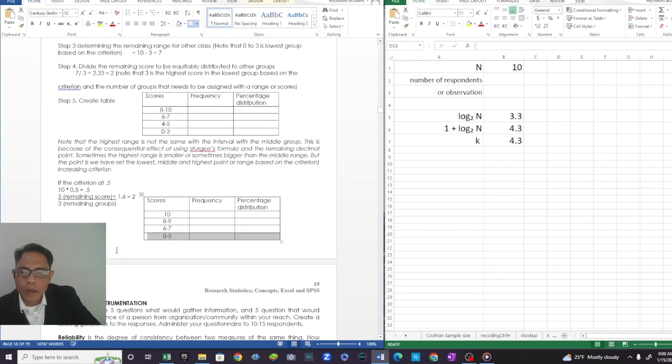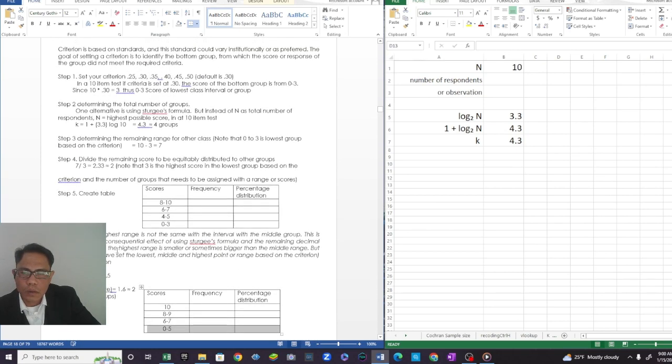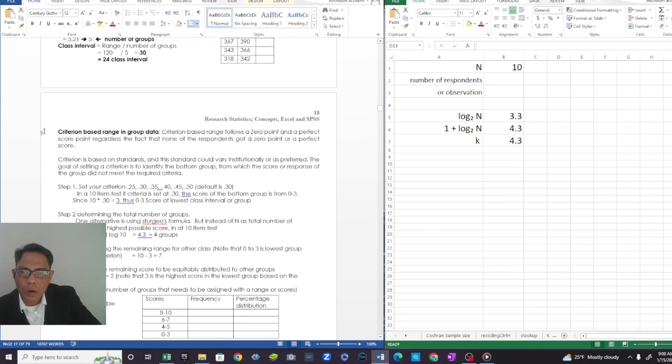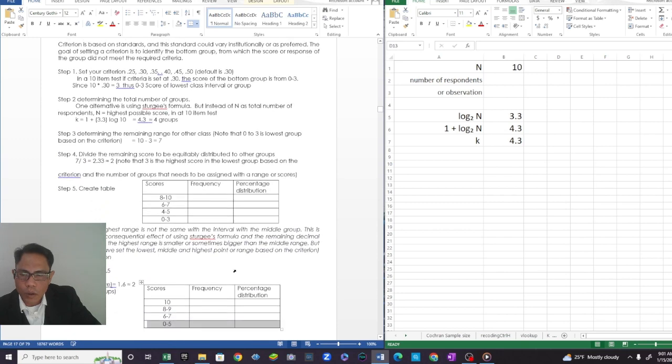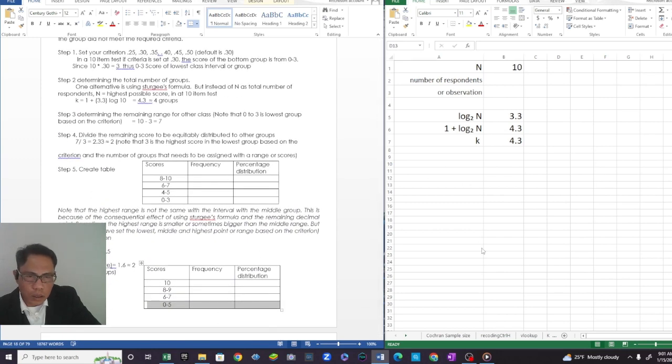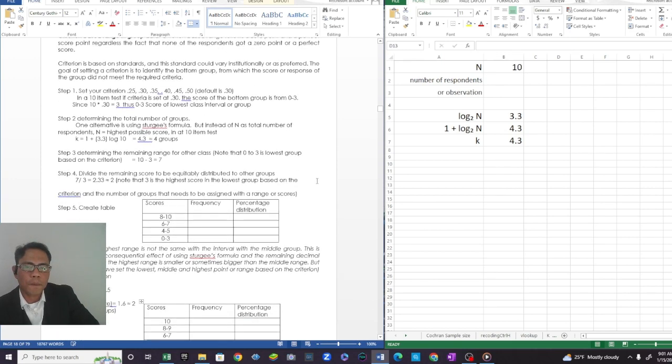So basically, that's how you set your data. And now you have your criterion, and regardless of the scores of the students, you just type in the frequency of how many got 10, how many got 8 and 9, 6 and 7, and 0 to 5. Considering that you already set your criteria, and it depends on how much you set them.